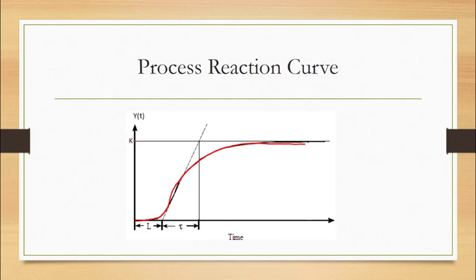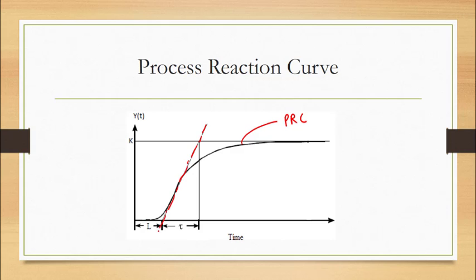This K is nothing but the steady state value of the open loop plant. Once you get this process reaction curve, this black curve is known as the PRC. Now our first step is to draw a tangent to the process reaction curve.